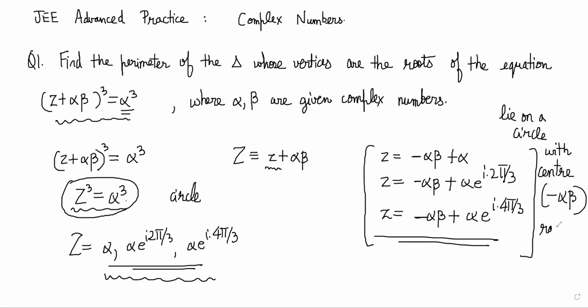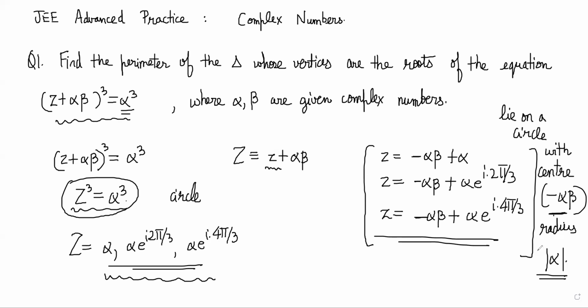And radius is mod of alpha. Because the cube roots of unity form an equilateral triangle on the circle, that is what we have here. The only difference is that the circle is not centered at 0, 0, and center is -αβ, and the radius of the circle is not 1, but it is mod of alpha, right?